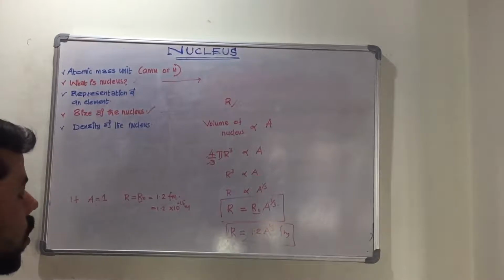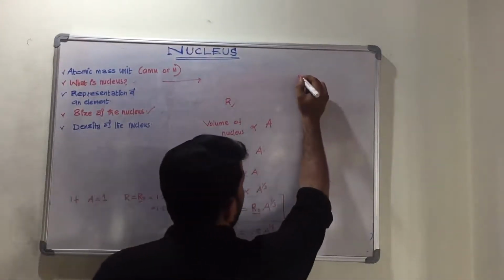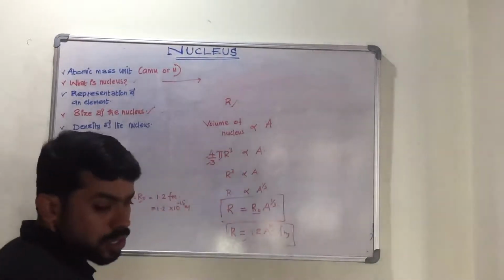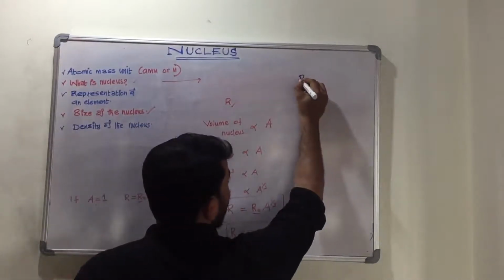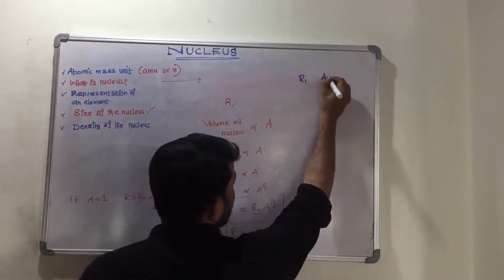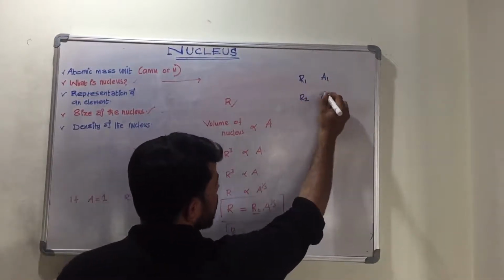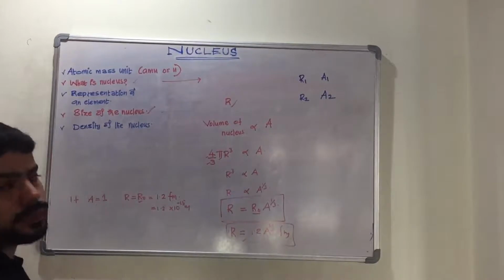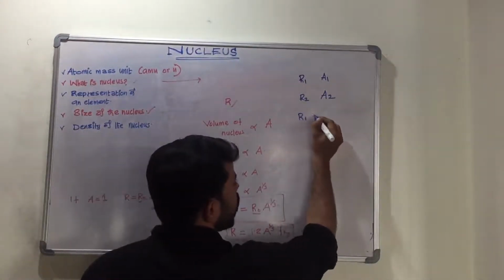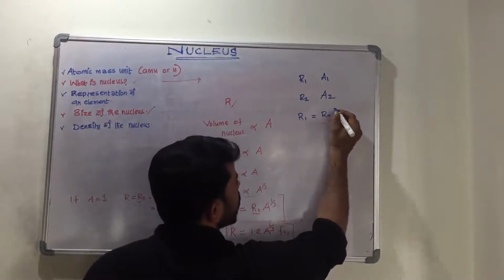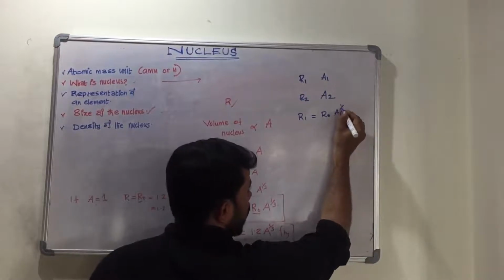Then, from this we can find out an important equation. Suppose there are two nuclei. The radius of one of the nuclei is R1 and its mass number is A1. The radius of the second nucleus is R2 and its mass number is A2. From this equation, we can write R1 is equal to R0, which is constant for all nuclei, into A1 raised to 1 by 3.